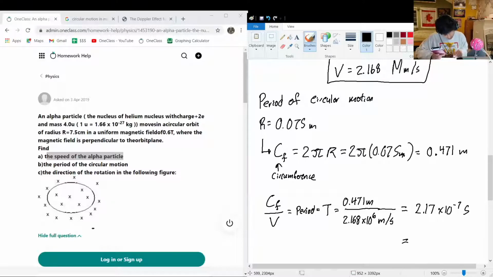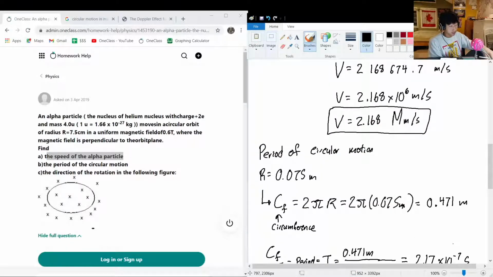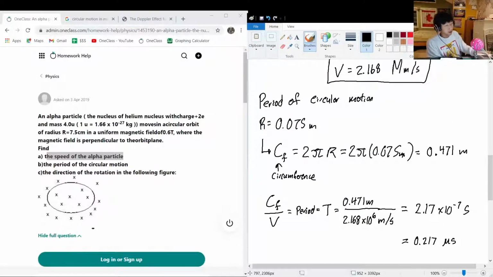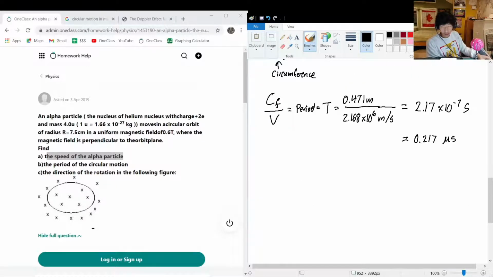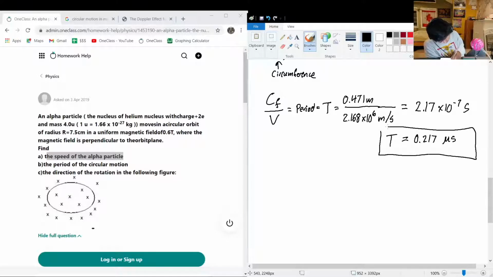Another way that we can write this is 0.217 microseconds. So that's very fast. That's a very short period, but we would expect something like that given that the circle is 7 centimeters and we're traveling at millions of meters per second. We should expect a very small period. Okay, very quick. So this is going to be T, and that's the second component of our final question, and that is resolved.